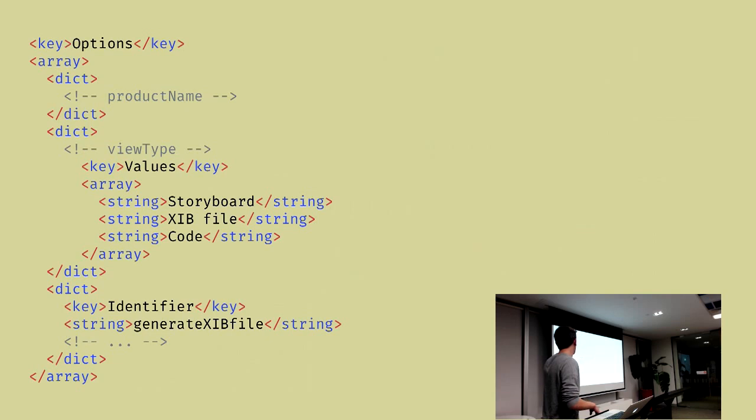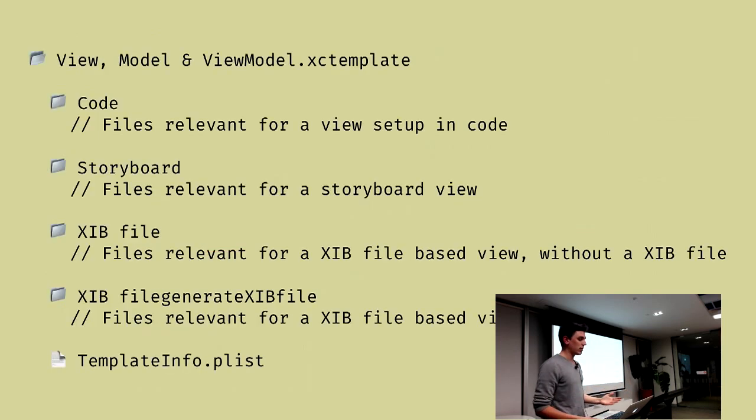It's probably not the best name, but it's important to remember because there's no logic, there's no code running to really generate all those files. So Xcode needs to understand, when you select storyboard or zip file and you check the checkbox or not, where to look, which files to use.